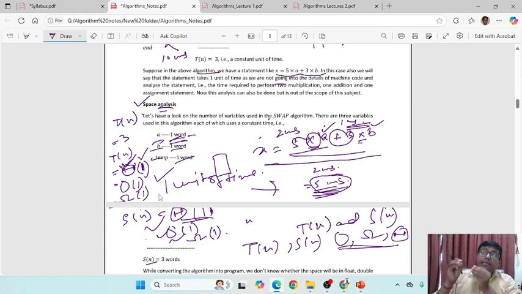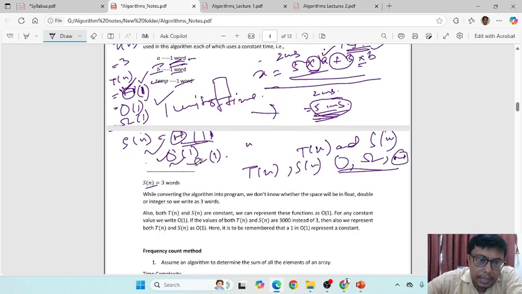In case you do not have any tighter bound, then you can go for either the upper bound or the lower bound. But as long as a tighter bound exists, you use that notation. That means big theta, small theta. You will also see small theta notations to represent the time function and the space function, commonly represented as Tn and Sn, where n is the size of the input for that algorithm.